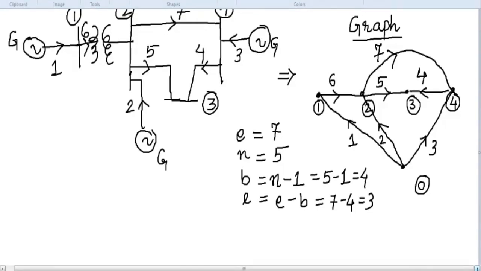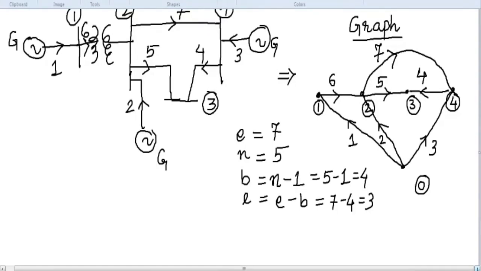If you take all the first elements as the branches, whether the conditions are getting satisfied or not. If it is getting satisfied, then go with that only. If it is not getting satisfied, then apply the rule and then check which elements are to be taken as branch and which elements are to be taken as link.